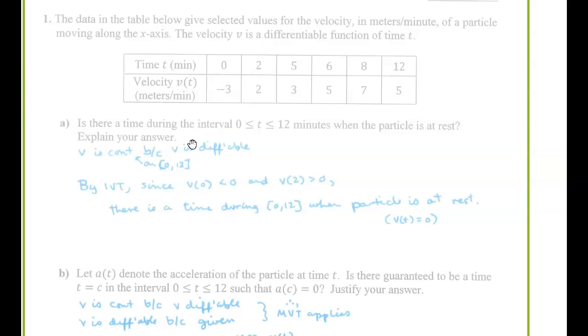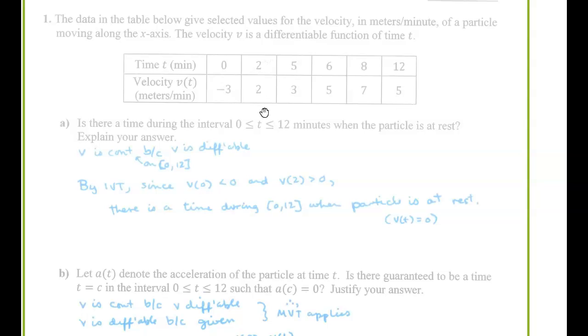So once we know it's differentiable, we know it's continuous. And then for a particle to be at rest, it means our velocity needs to be 0. So what we can do is say by the intermediate value theorem, since the velocity is negative at time 0, and the velocity is positive, which it is at time 2, by the intermediate value theorem, there is a time from 0, and you could say all the way up to 12.